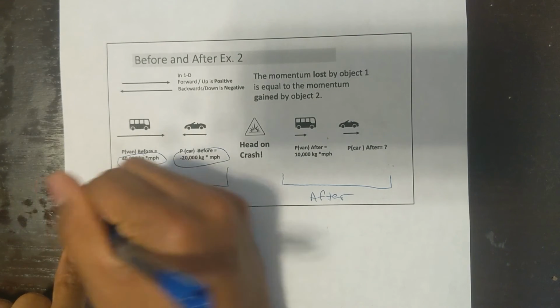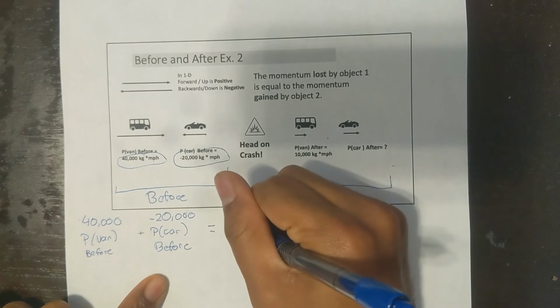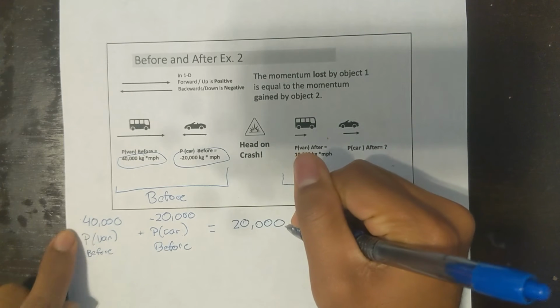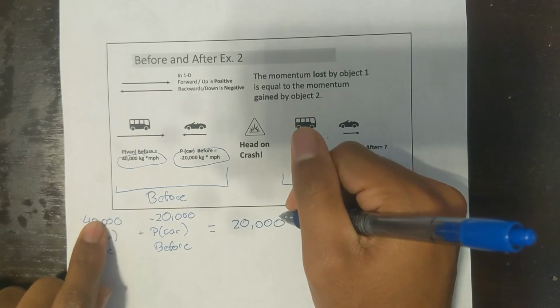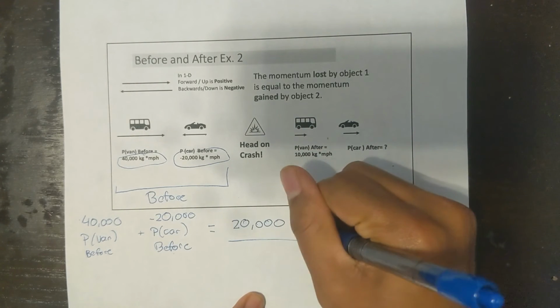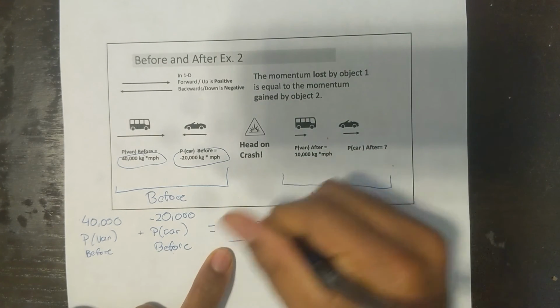Now we just add up 40,000 plus negative 20,000, which gets us 20,000 kilograms miles per hour. For the answer on the form, you just need the number.